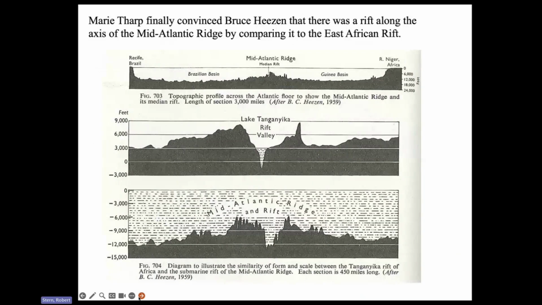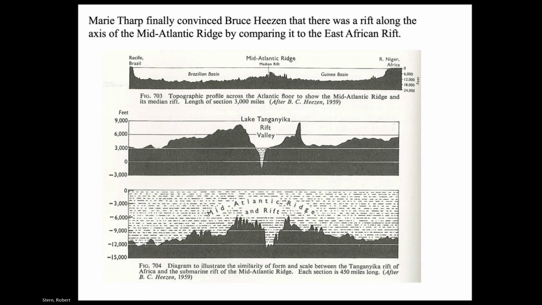All right, so at first, she noticed that the Mid-Atlantic Ridge had a morphology right up here on the top, going from Brazil to Africa, that there's the high, but in the high there was a low, this region here. And she noticed that was very similar to Lake Tanganyika and the East African Rift Valley.